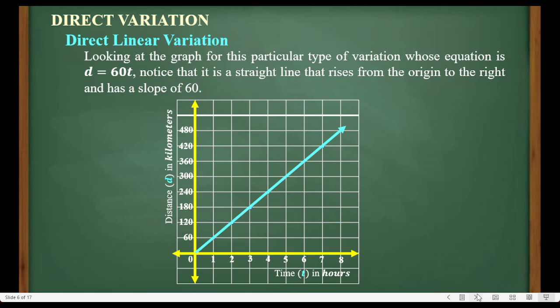So basically, the graph of direct linear variation is a straight line drawn from the origin, and the line rises to the right. And this is the equation of a linear function, having a slope of 60, and of course the y-intercept is at 0.